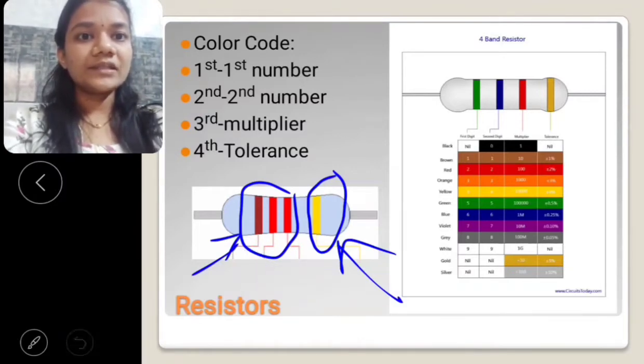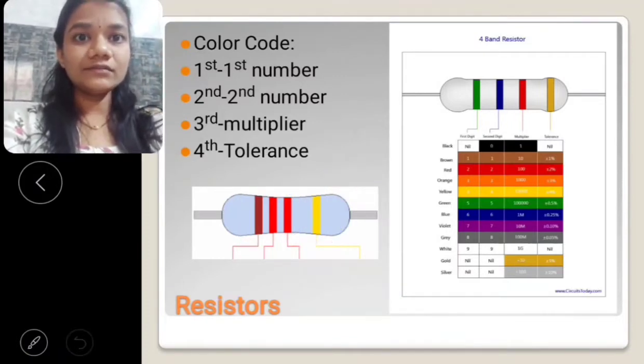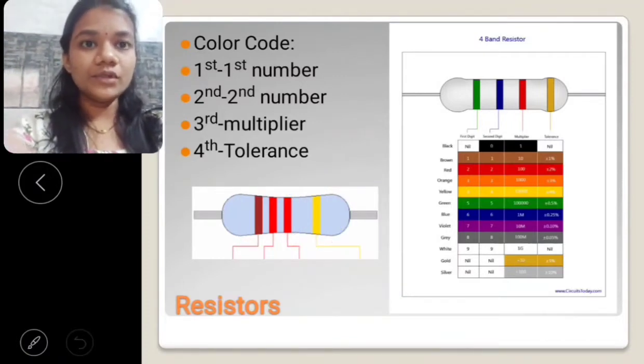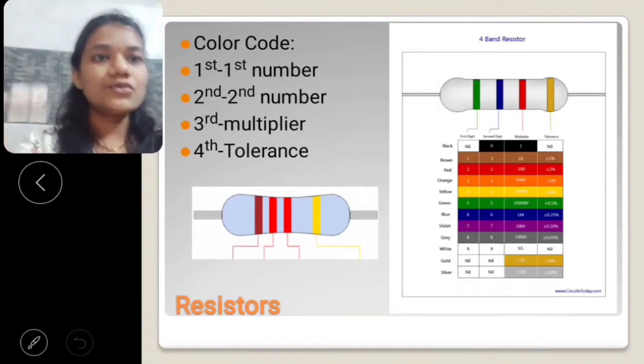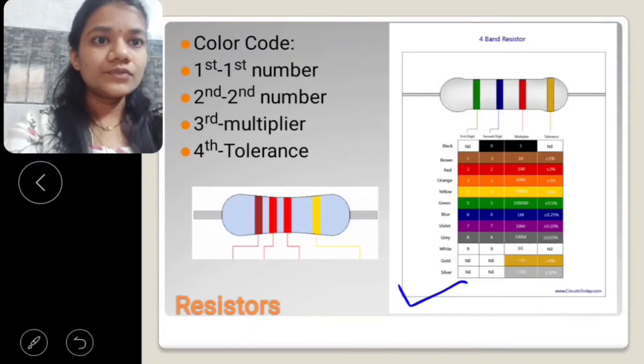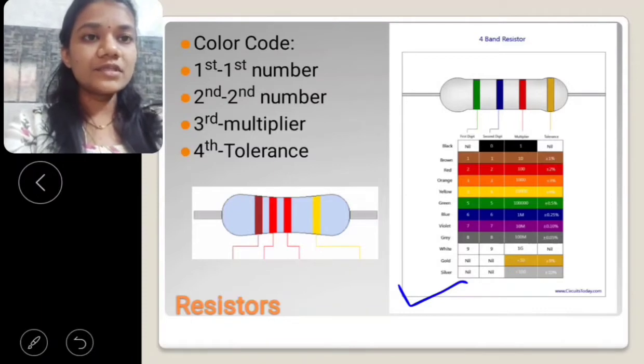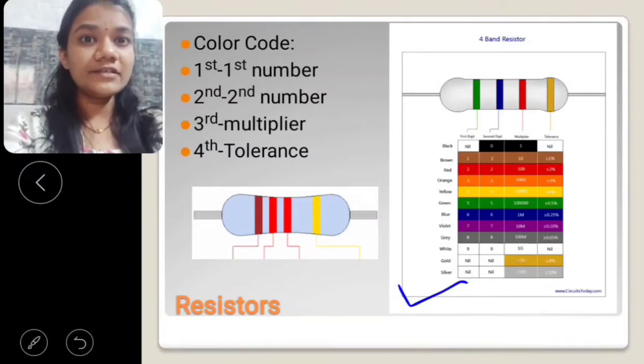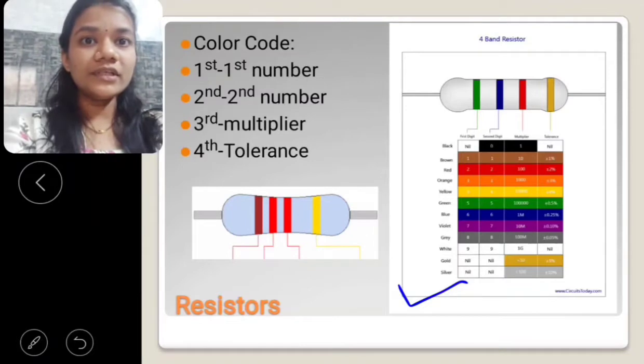The third is the multiplier. Then how do we calculate the resistance value from this color coding? Here a chart is given with the first digit, second digit, multiplier, and colors. First is black, which indicates 0, then brown indicates 1.